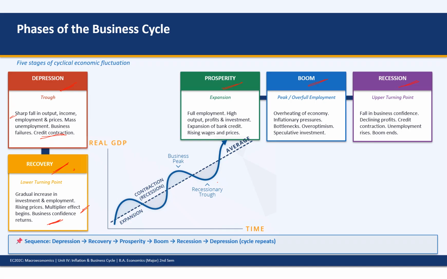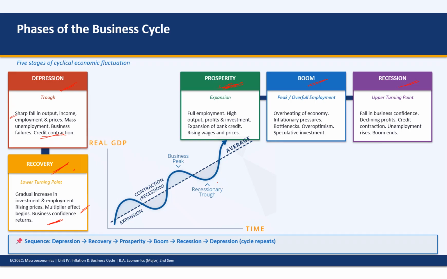The third phase is prosperity, the expansion phase of the cycle. Here, the economy reaches a high level of output and employment, and many resources are fully used. Profits are high, production is strong, and bank credit expands. In this phase, businesses and people become more optimistic since sales are high, firms invest more, hire more workers, and increase wages.